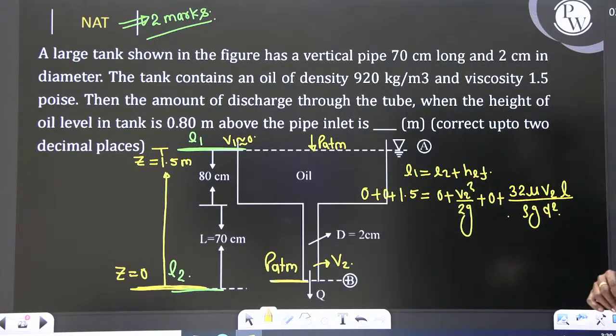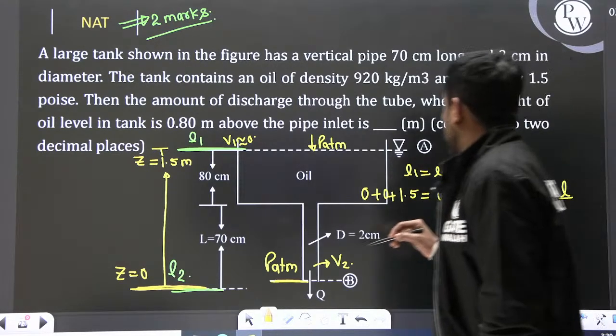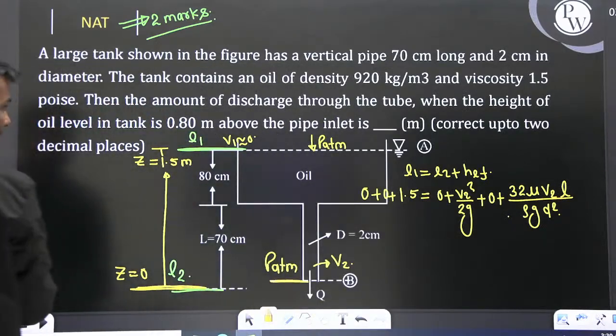So the answer is 0? No, not 0. Prakash, I think you have made a mistake somewhere. Let me first calculate the velocity.